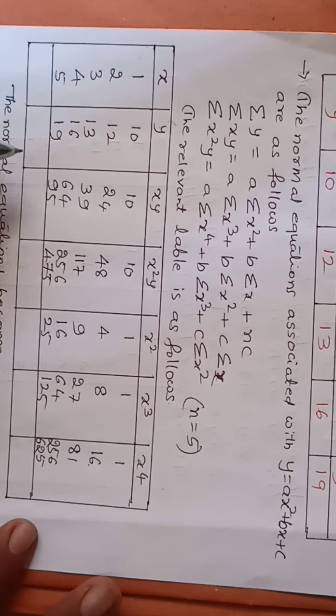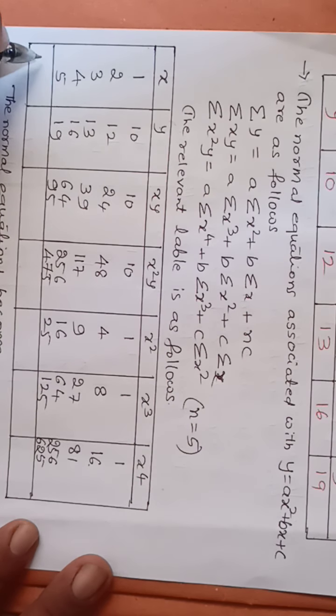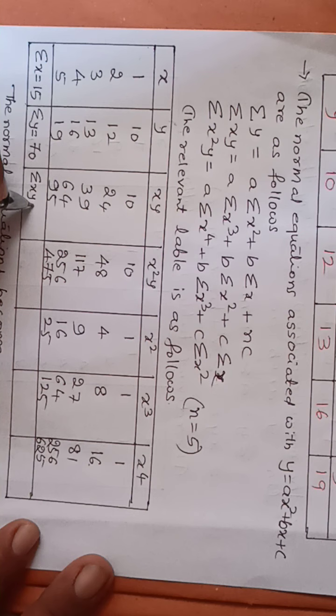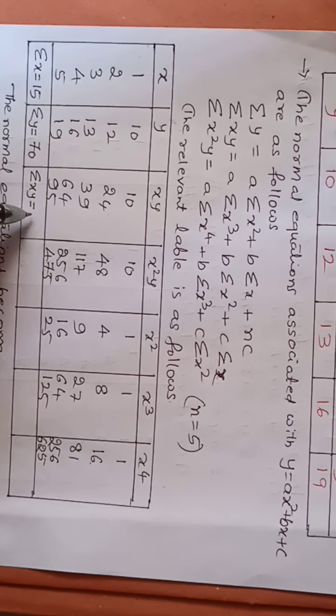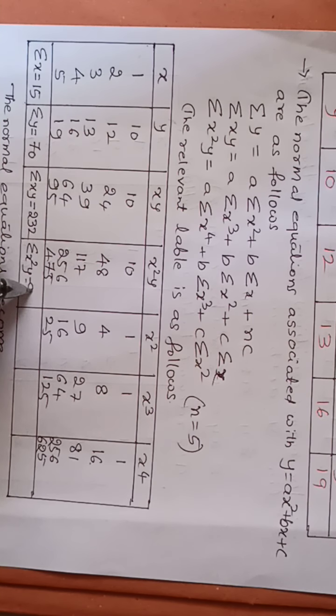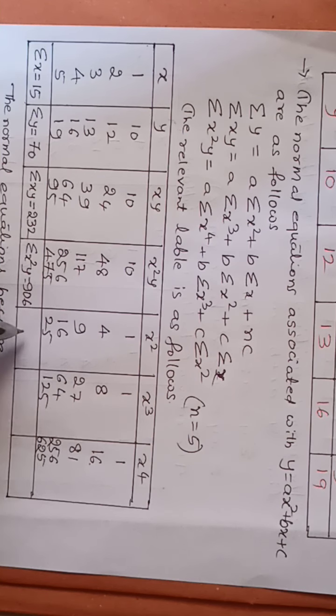Next, write down the values, that is summation of x. So summation of x is equals to how much? It is 15. Next, summation of y becomes 70. Summation of xy is equals to 232. Summation of x square y is equals to 906.